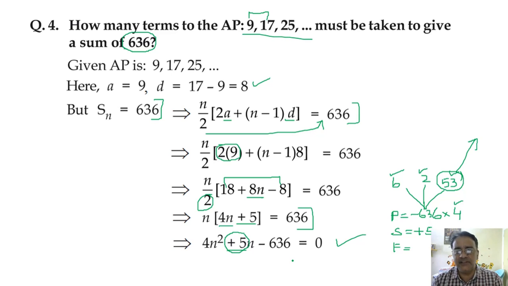If you multiply 53 with any even number, it will become an even number. So I got 53 and 48. The sign of the sum is plus, so the bigger number gets plus: plus 53 and minus 48. Is that clear to all of you, this splitting?